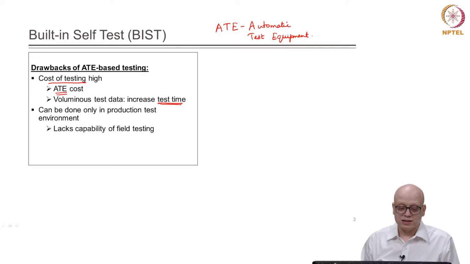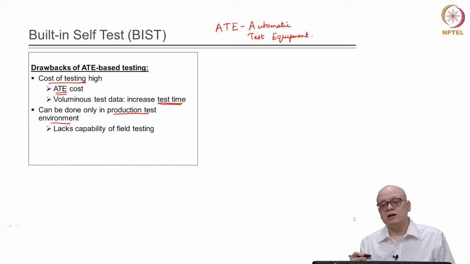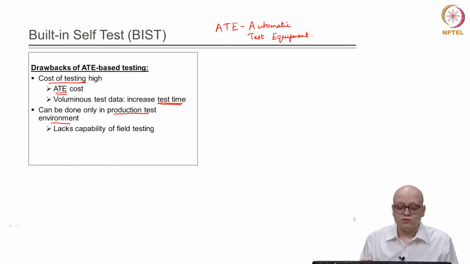Another disadvantage is that ATE based testing can be done only in a production environment. After we have done the fabrication of a die, we carry out ATE based testing.